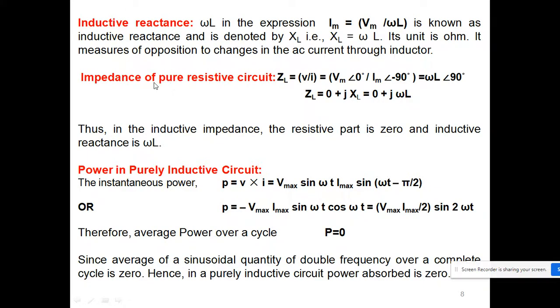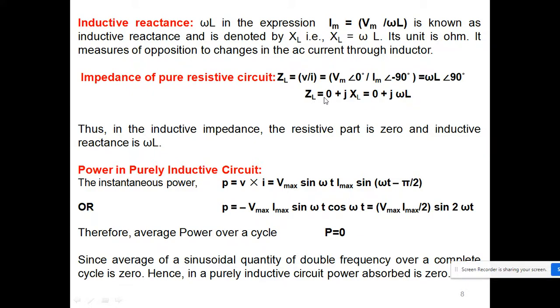Let me calculate here the impedance of a pure inductive circuit. It's not resistive, but it is an inductive circuit. Is it okay? So if I put this value and this, you can see it's minus pi by 2, so it's divided by minus pi by 2, and it becomes pi by 2 here.